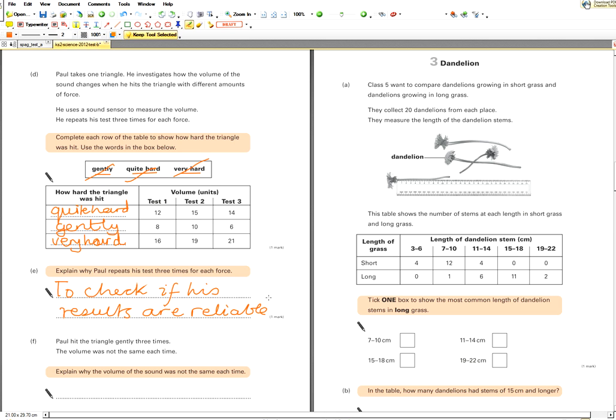That's just one wording. We could write down to get an average result. We could also write down to get more evidence. We could also write down to make his test results more reliable. So different wordings meaning the same thing.